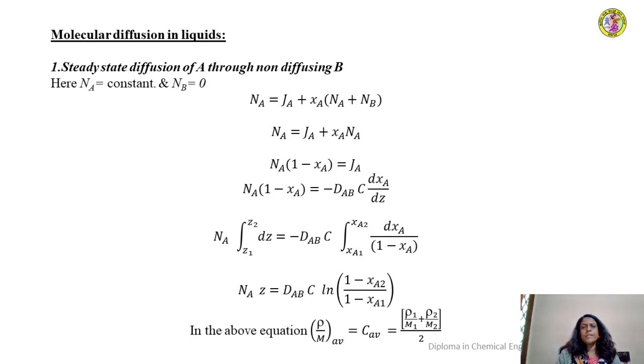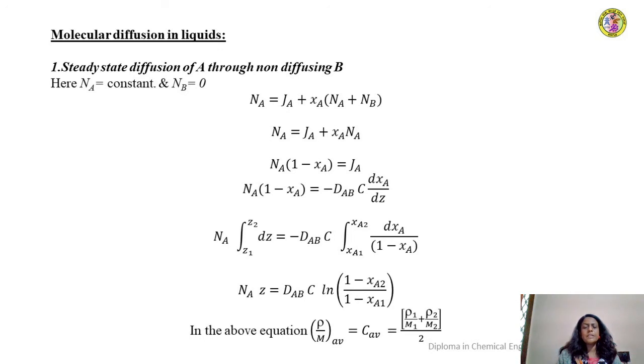In the same way, the water becomes the non-diffusing component because it is not undergoing transfer from phase to phase. So only ammonia is diffusing. This is a typical example for steady state diffusion of A through non-diffusing B in case of liquids. Here ammonia is component A because it is undergoing diffusion, and water becomes the component B, which is not undergoing any kind of diffusion.